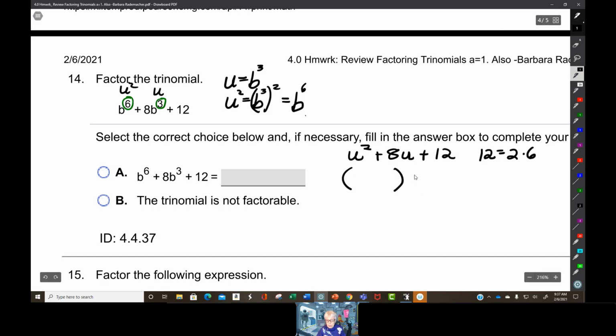Some of these you can do right away. 2 plus 6 is 8. So take your u plus 2 plus 6.